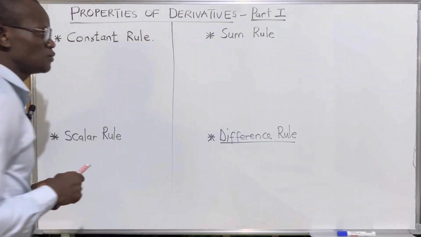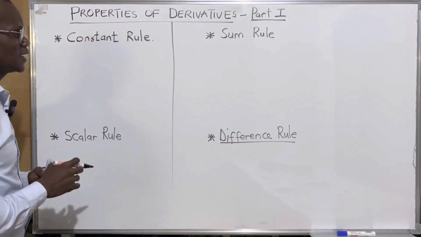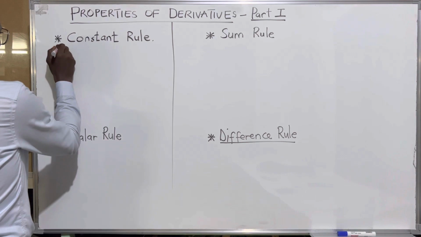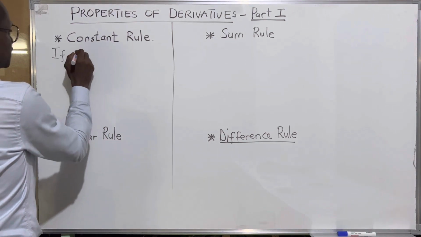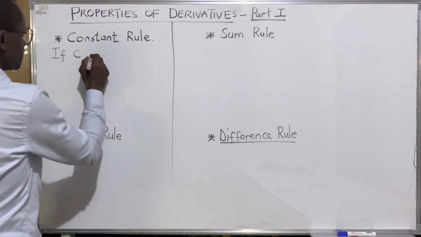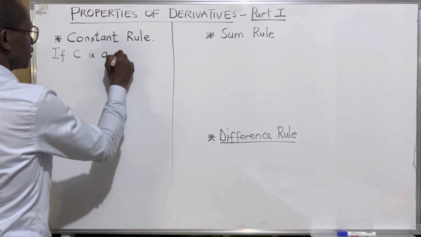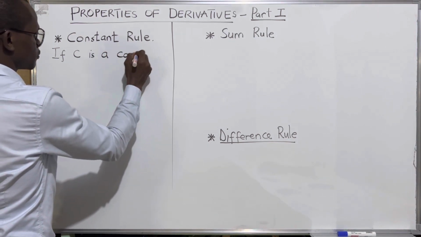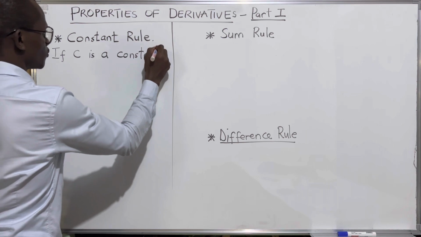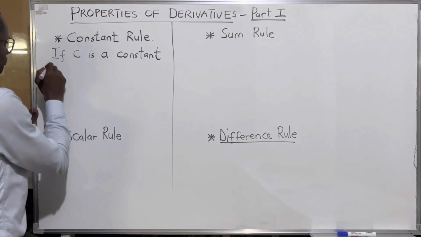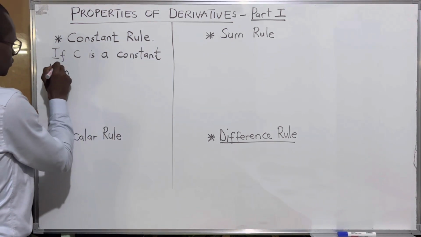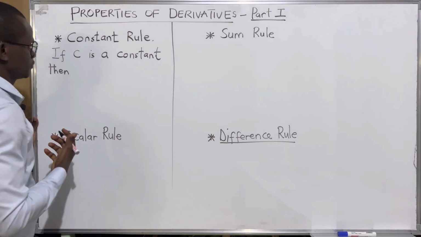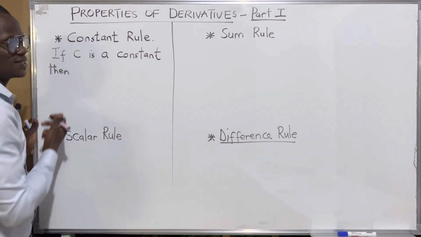Now, for the constant rule, let's say if C is a constant, then the derivative. So consider that C is a constant.